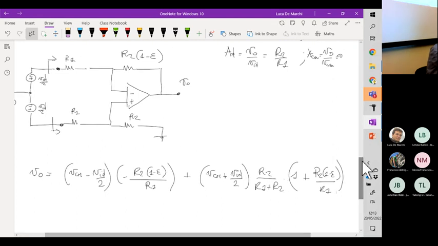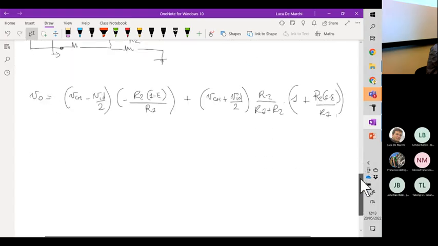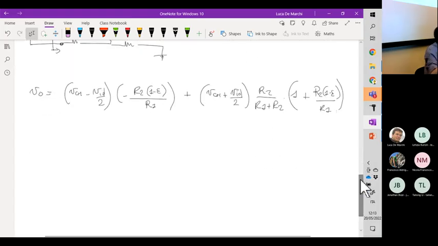So now we can take this formula and decouple the terms which are multiplied by the common mode.